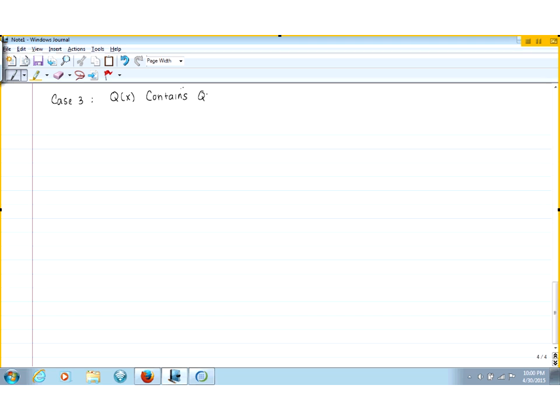Q of x contains quadratic factors but not repeated. So, for example, we have 3x minus 5 divided by x cubed minus 1.